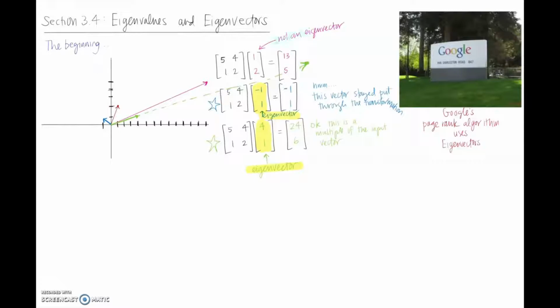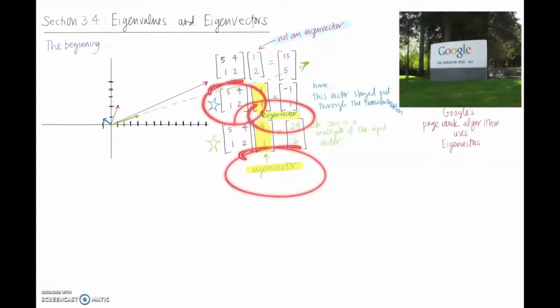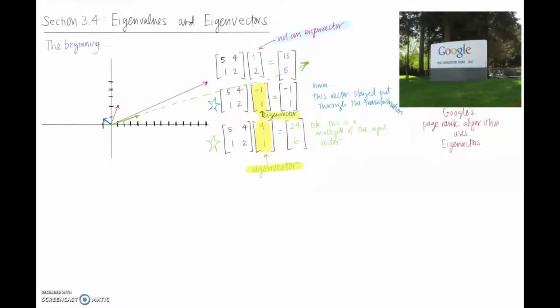And it's much more common to not be an eigenvector than to be one. These are actually the only two eigenvectors for this matrix out of all the possible vectors in R2. These are the only ones that behave like this. There's only these two. And several more vectors just get thrown randomly around by that transformation.